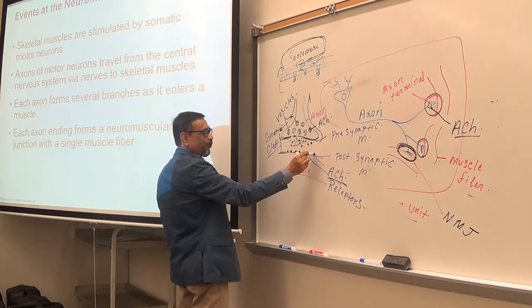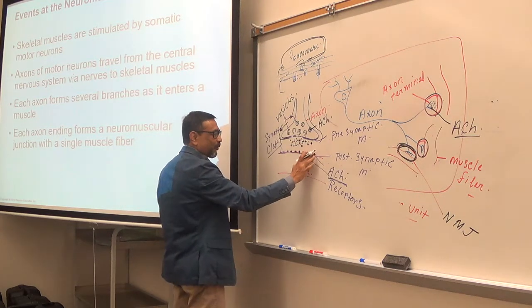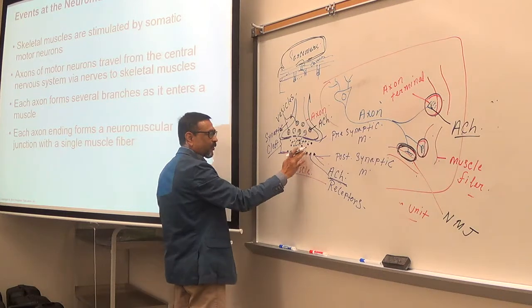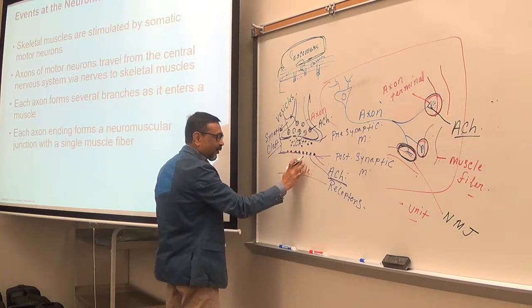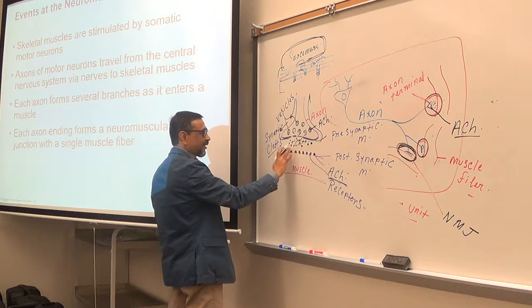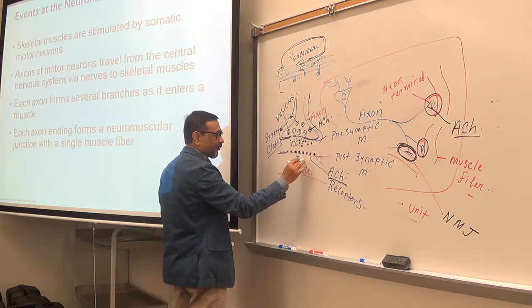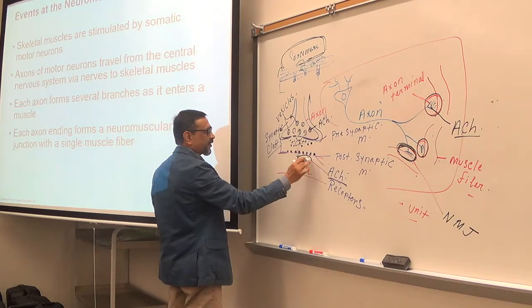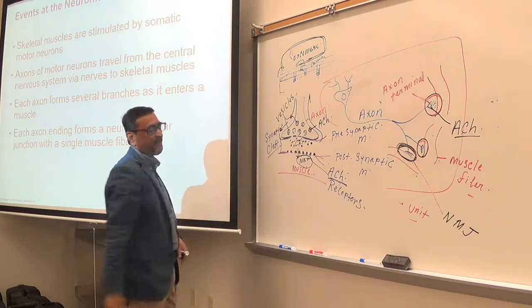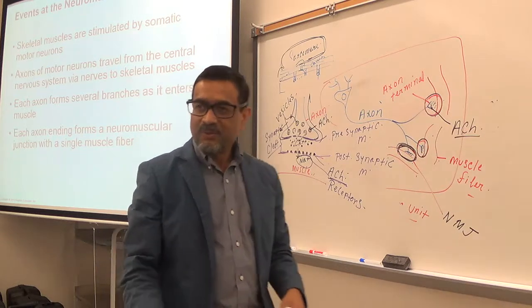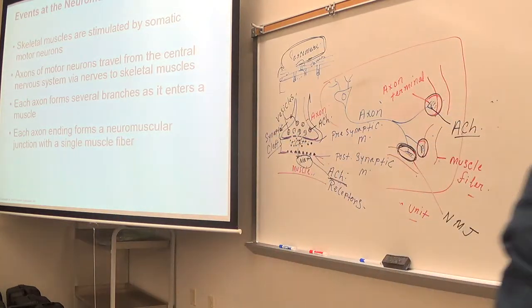Okay, so that binding will do what? Receptor molecule binding will cause the opening of sodium channels on the postsynaptic membrane, and sodium will get in. Influx of sodium into the muscle fiber. Sodium will get in. Make sense?